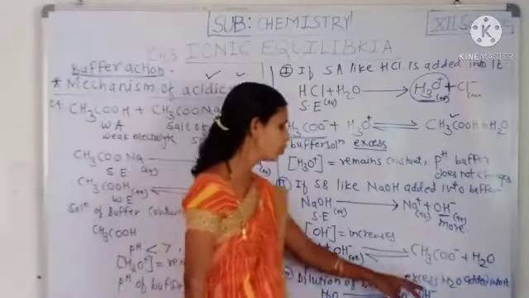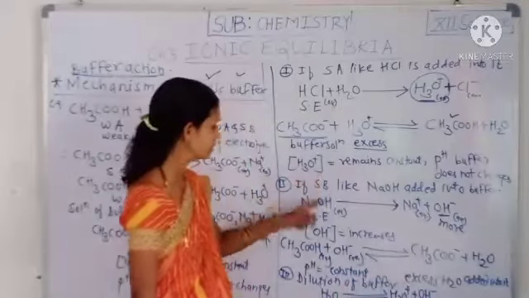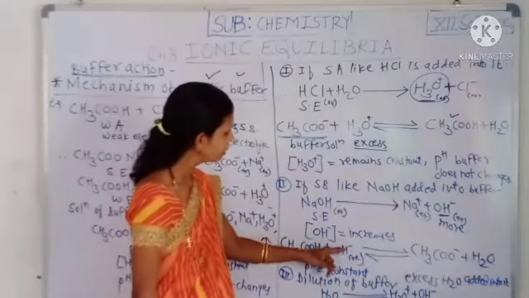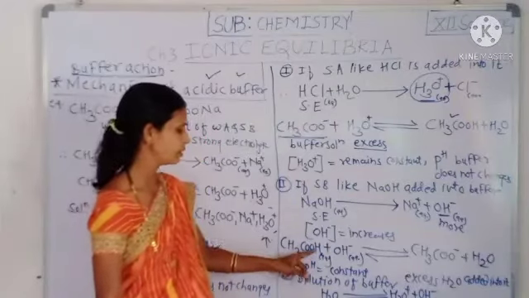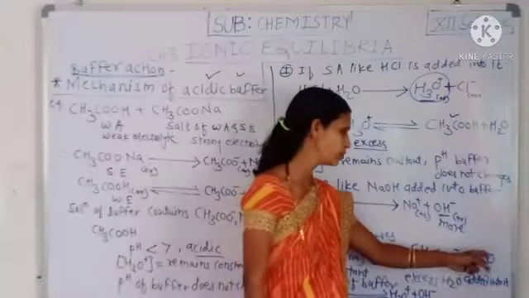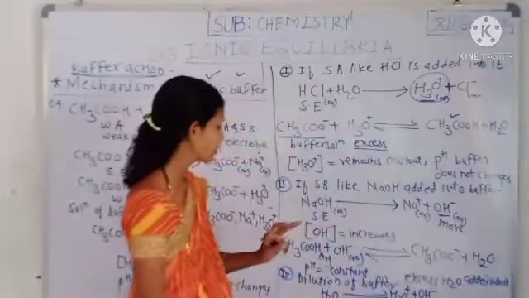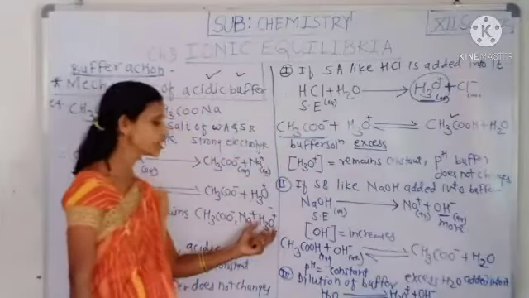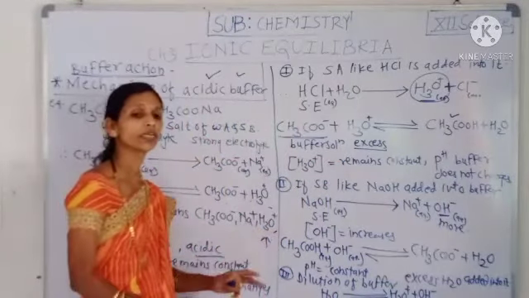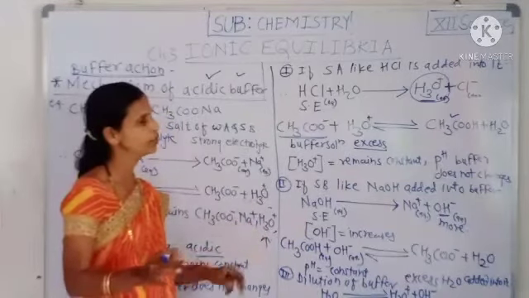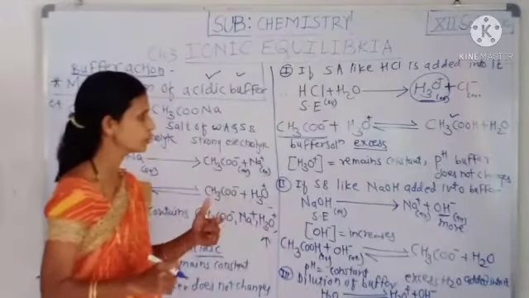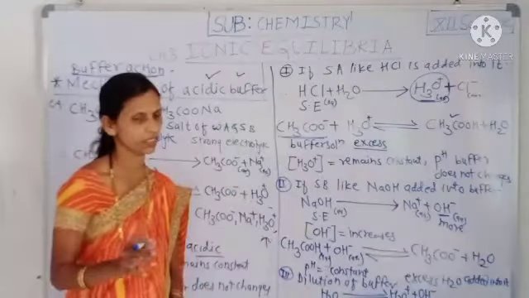Similarly, the OH- ion of water again reacts with acetic acid molecule to give acetate ion and water. Therefore, the concentration of H3O+ does not change, it remains constant, and therefore the pH of the buffer solution does not change.